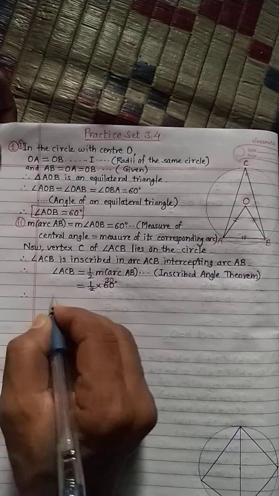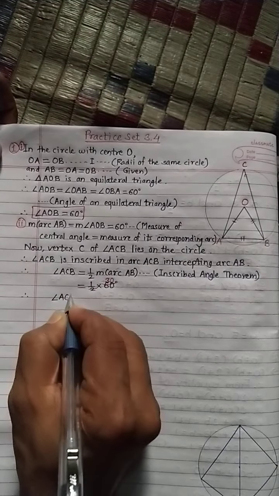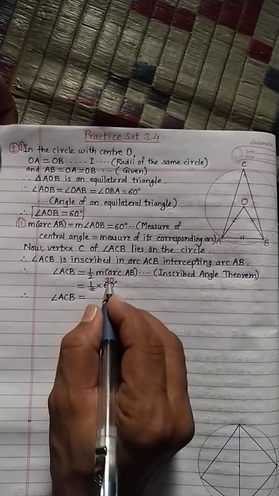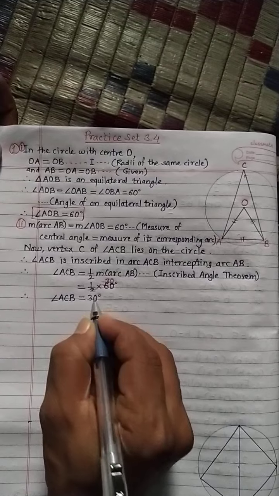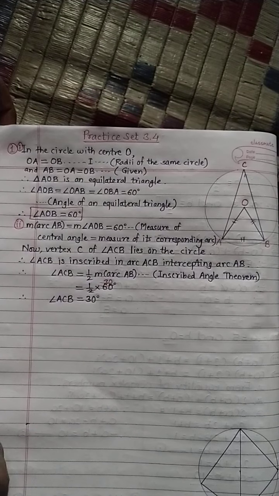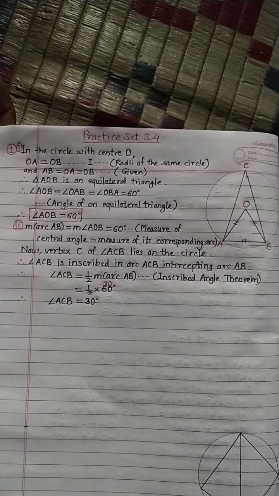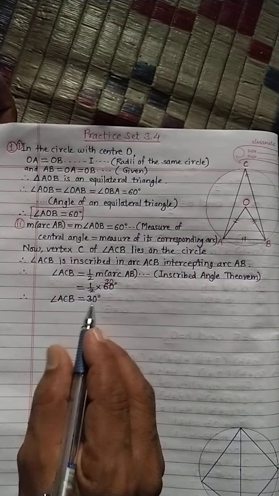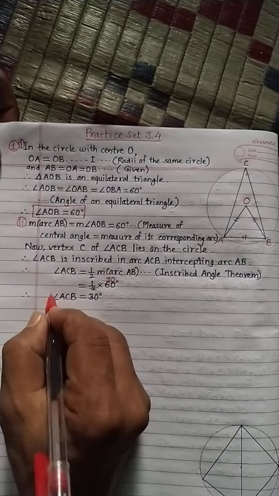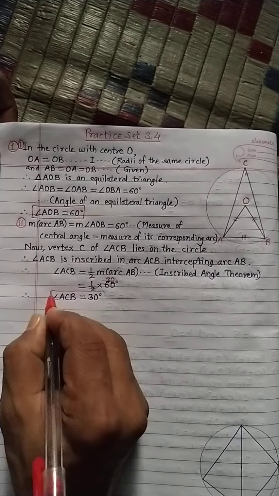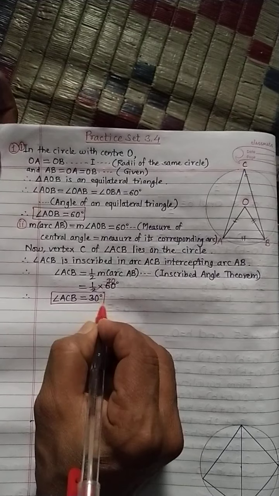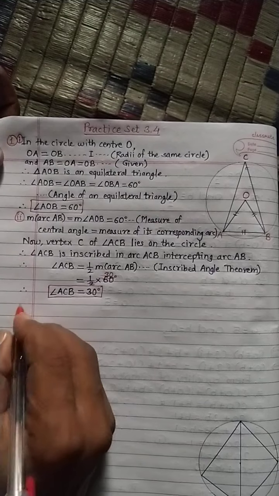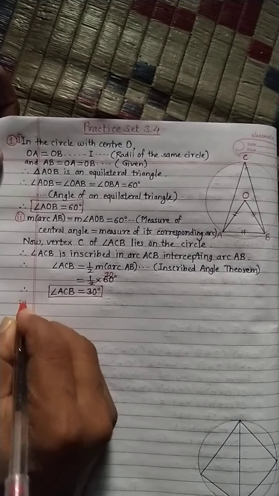So angle ACB is equal to 30 degrees. This is the second part of question 1. Now I have to write the third part.